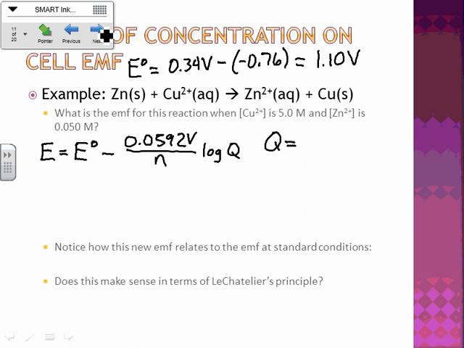Okay, so it's basically Zn2+ over Cu2+, and they're both one-to-one stoichiometry, which makes this one nice. All right, so we've got 0.050 divided by 5.0. Okay. So our Q here is going to be pretty small. So our Q equals 0.01.